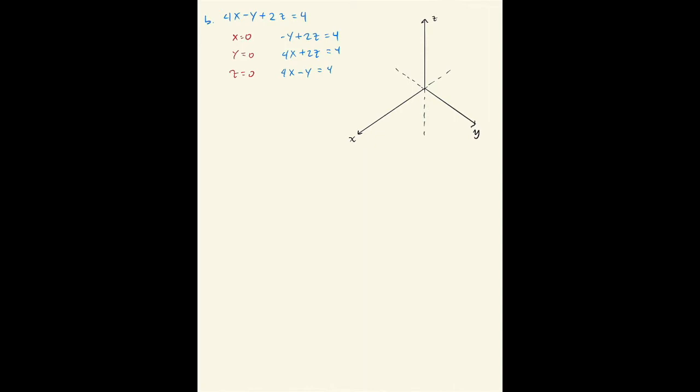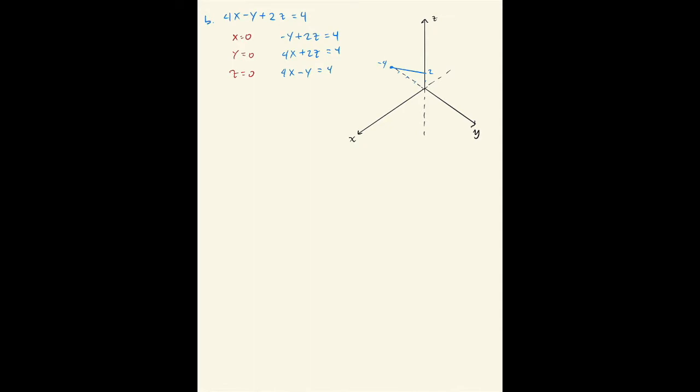First, let's see the yz plane. In the yz plane, when z is 0, y is -4. So 1, 2, 3, 4, -4. When y is 0, z is 2. One line, okay?